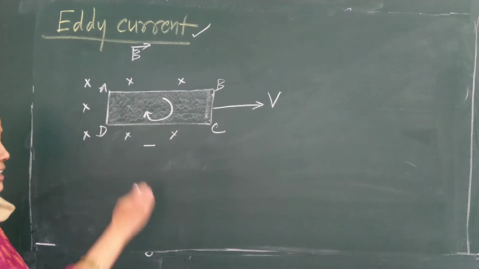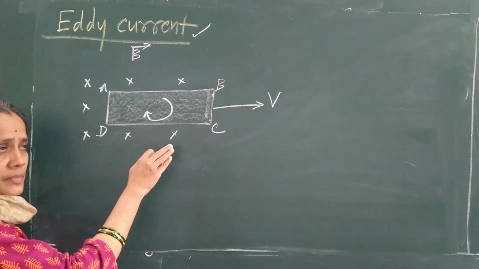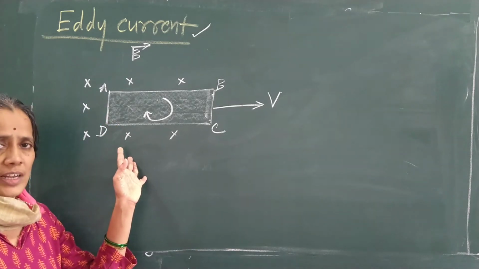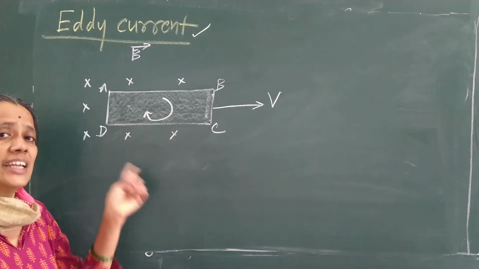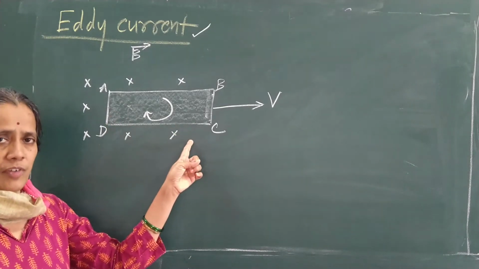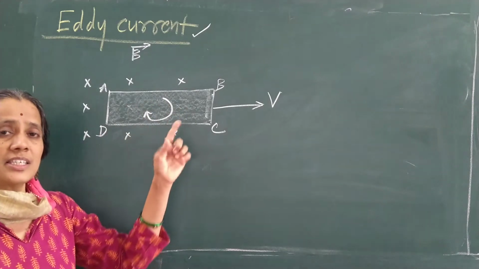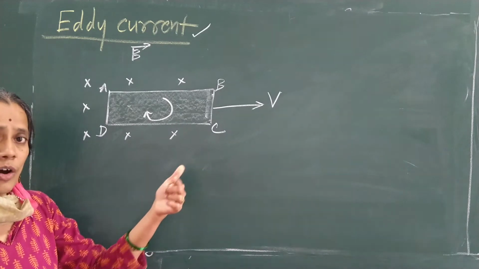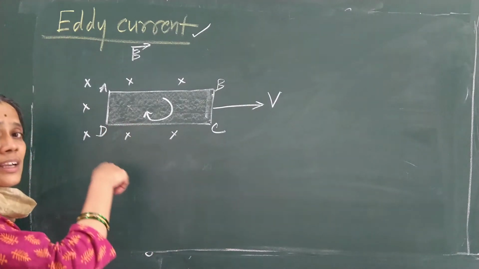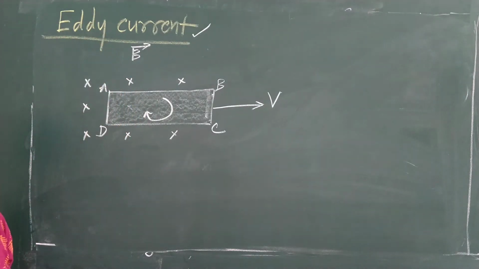So what is eddy current? When any conductor is kept moving in the uniform magnetic field, there is a change in magnetic flux. Due to that change in magnetic flux, the electrons present inside that conductor start circulating along one particular direction, and those circulating currents are called eddy current.